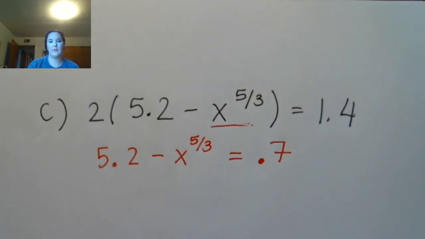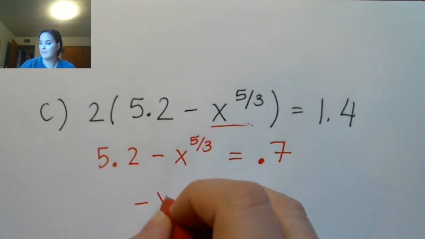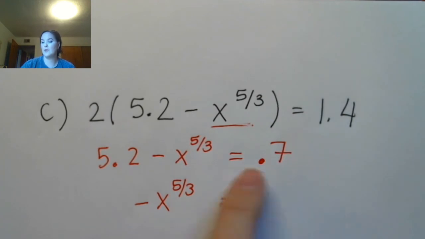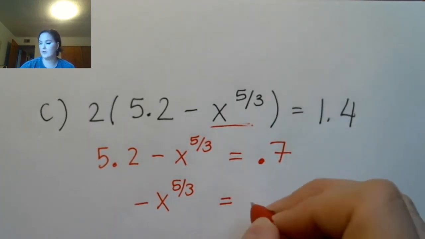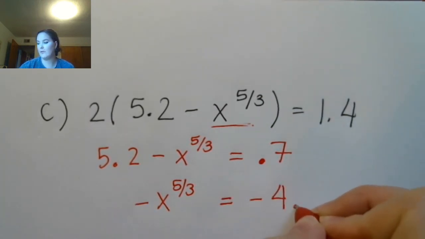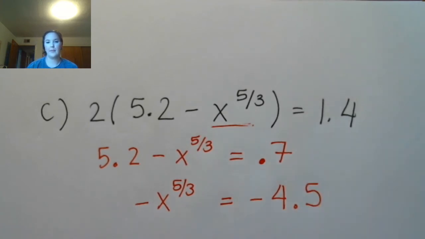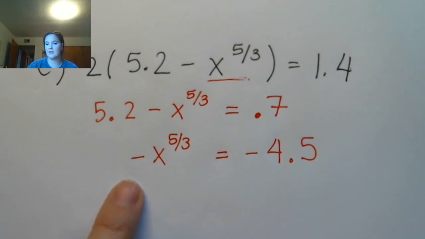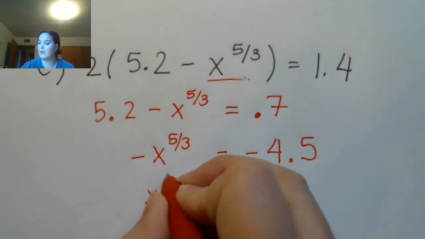And then I'm going to subtract 5.2 from both sides. So 0.7 minus 5.2 is negative 4.5. And then to get rid of this minus sign, I'm going to divide both sides by negative 1.